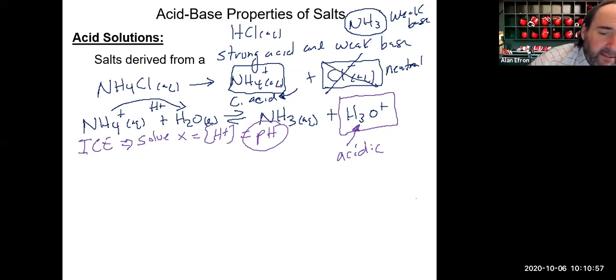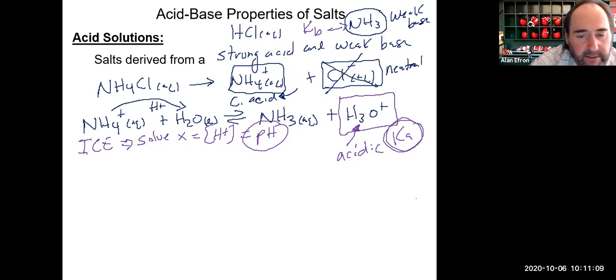Same deal here. You most likely will be given the Kb value, but because this is acidic, you actually need the Ka value. So here you're probably going to have to use Kw to get the right value, and make sure that you are using the correct K value.